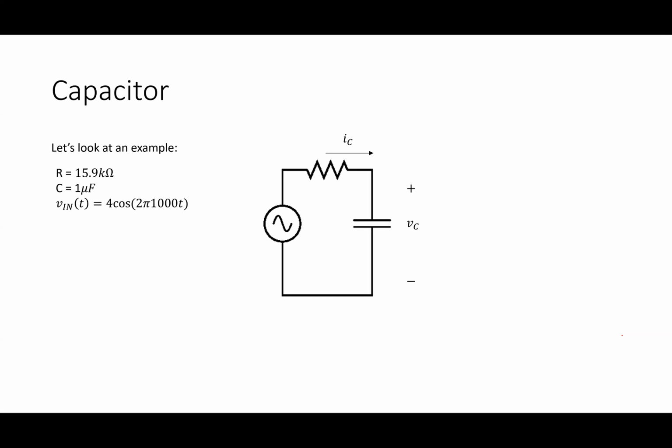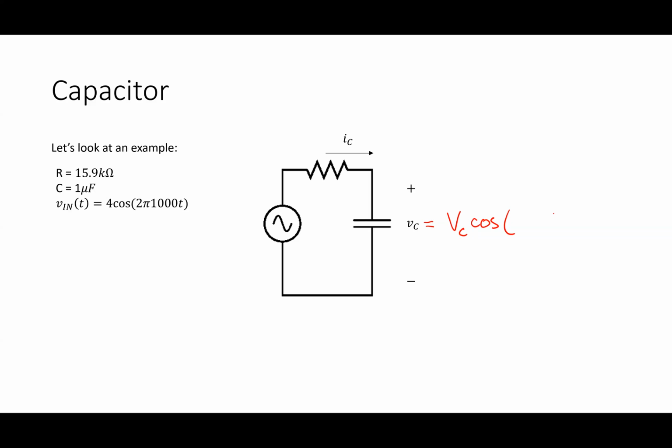But if I look at what's actually going on in this circuit, what I know is that VC is going to have some magnitude. I don't know what that is. If I look just in steady state, it's going to be VC cosine omega t.